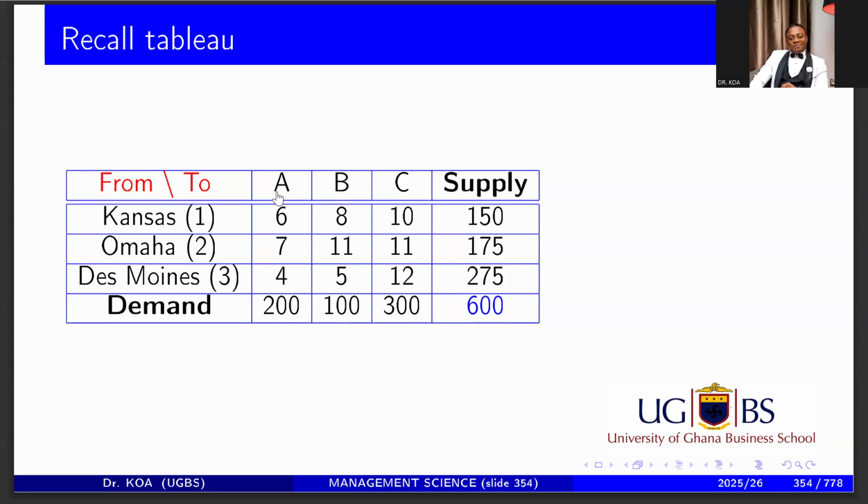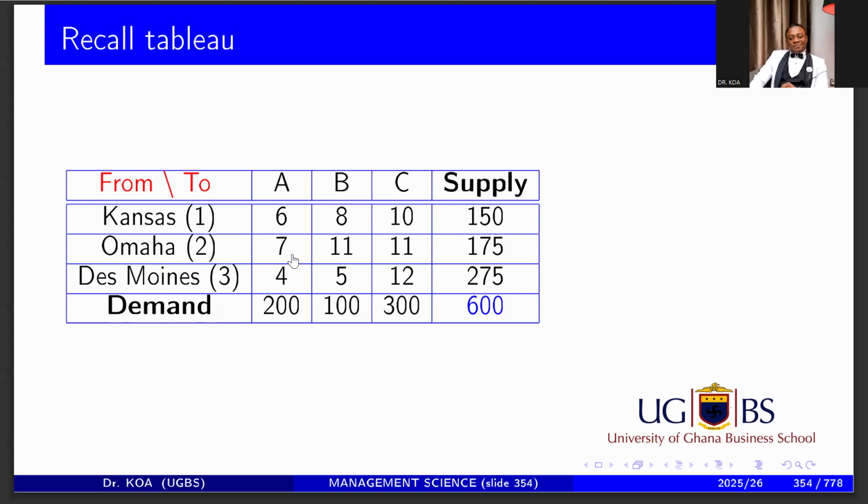Forget about assignment. The one with the lowest cost, because it doesn't take into consideration the previous one. If you go with the lowest cost, you're going to select 4. So the one with the lowest cost is 4.